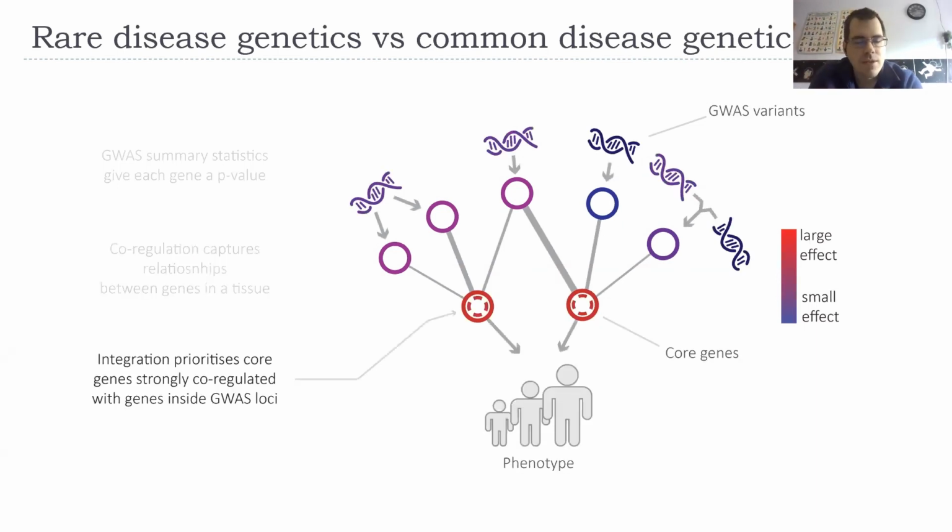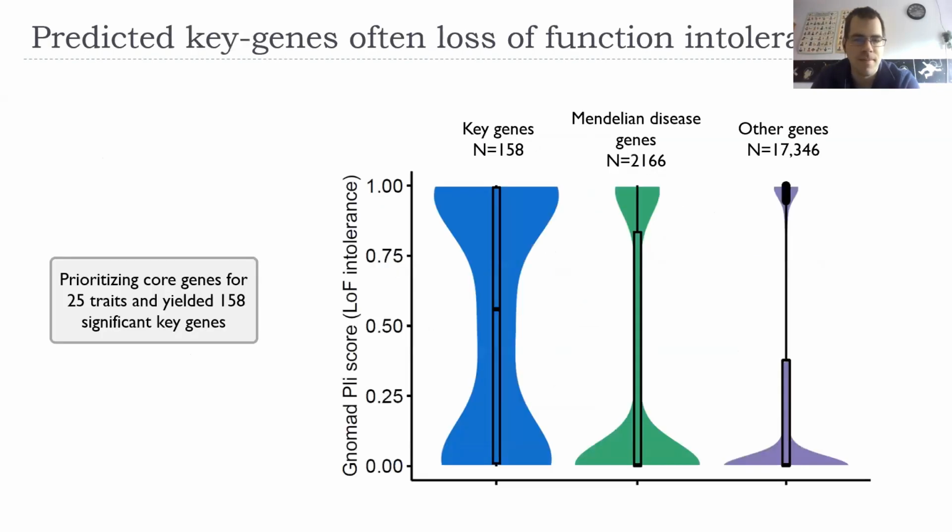And when we do this, we actually come to some prioritized genes, and they might be core genes, as in the discussion more in the common disease field. Up to now, we typically use the term key genes to be a bit safer from that discussion, but genes that we at least predict to be more relevant and more informative for the studied phenotype.